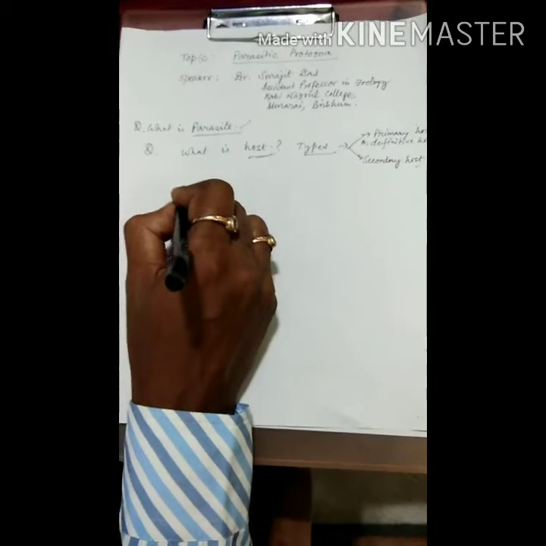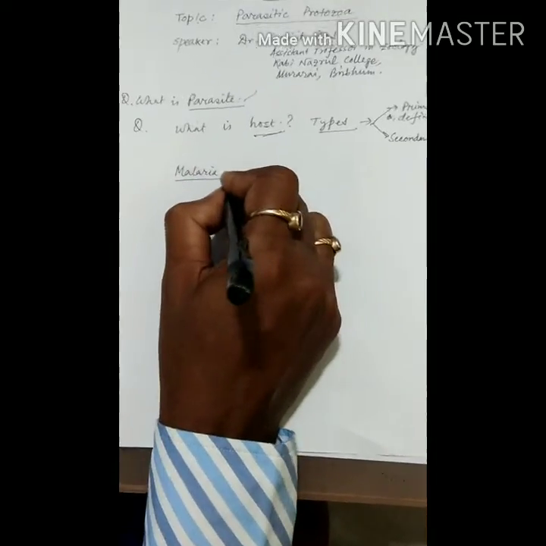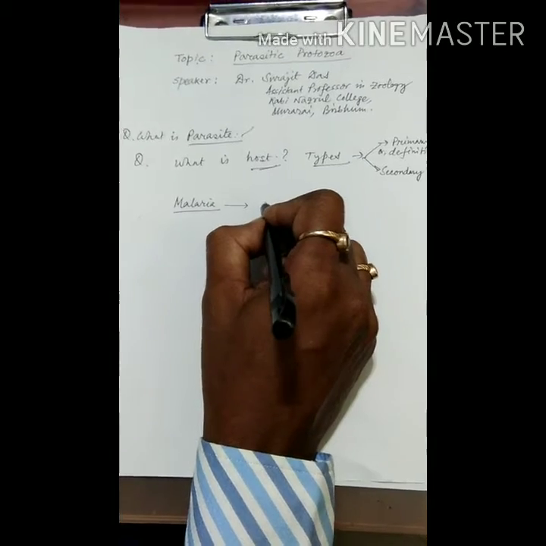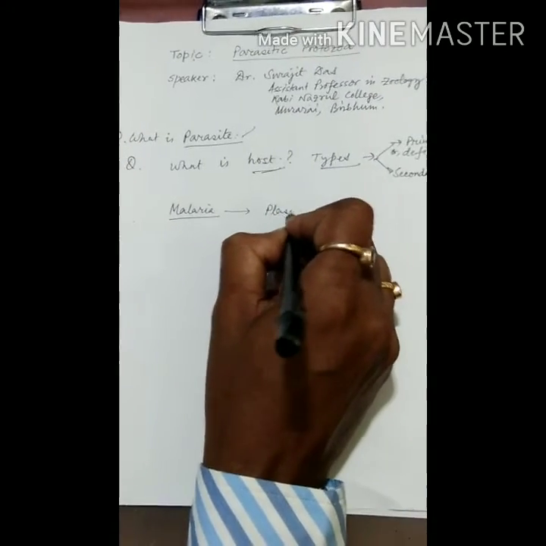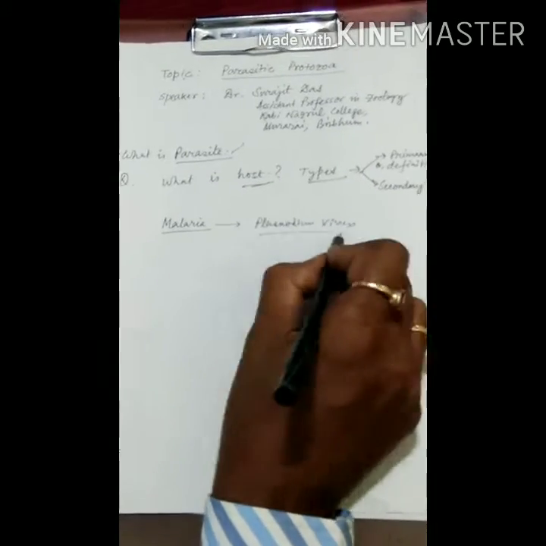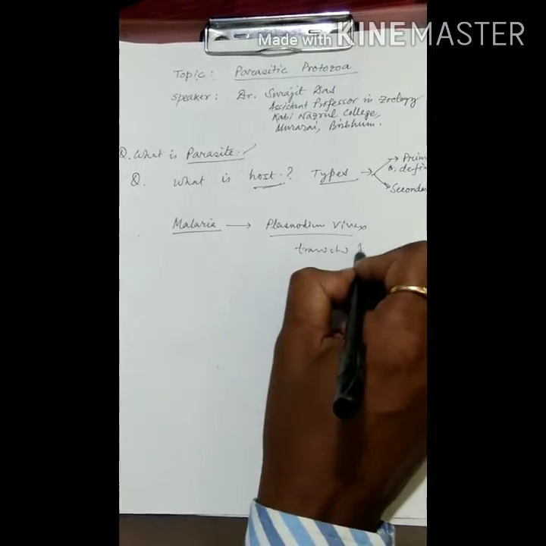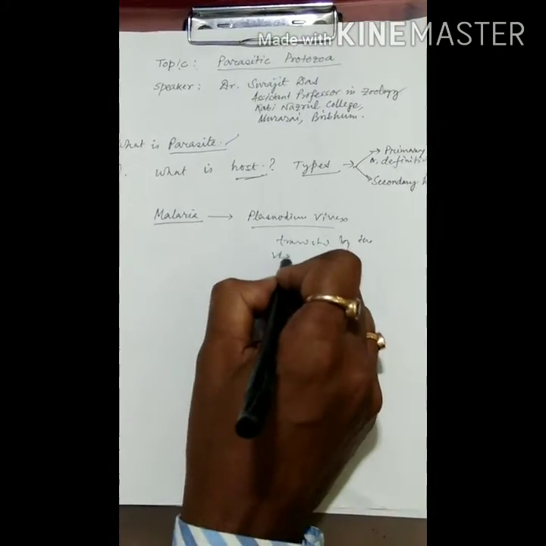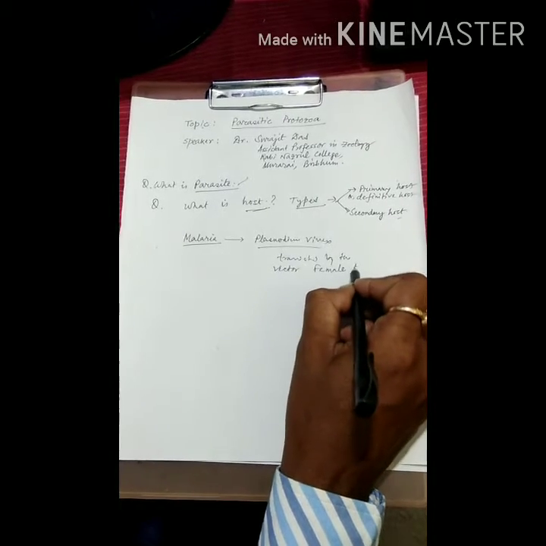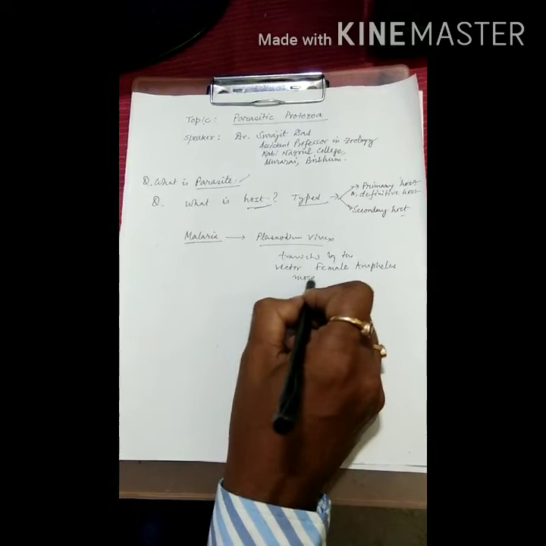Here, in the case of malaria, the disease is caused by the female Plasmodium vivax, and it is transmitted by the vector female Anopheles mosquito.